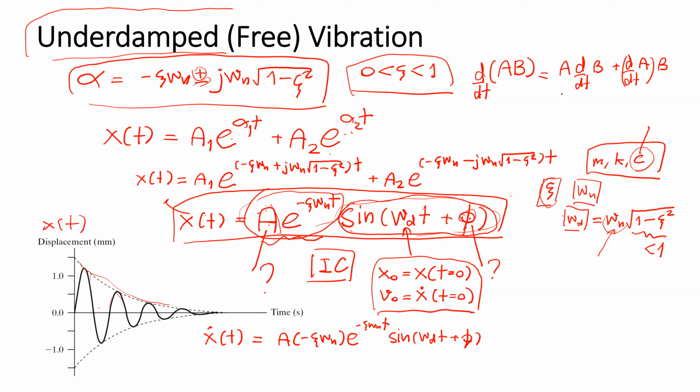This is the first term here. For the second term, the first factor stays the same, but the derivative of the sine function will be cosine. And if we find the derivative of omega d t by dt, we get omega d.